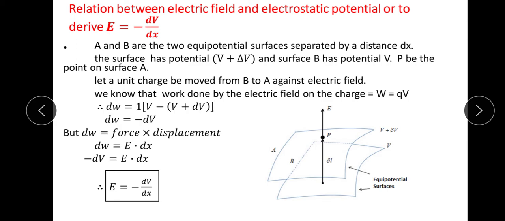So we have to say that electric field is a negative potential gradient. And this derivation will be asked for 3 marks in your examination, or you may get a 1 mark question also, like write the relationship between electric field and potential. So you can write the relation as E is equal to minus dV by dx, so that electric field is a negative potential gradient.